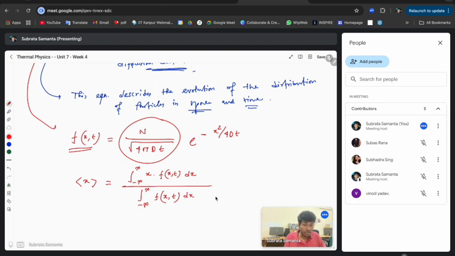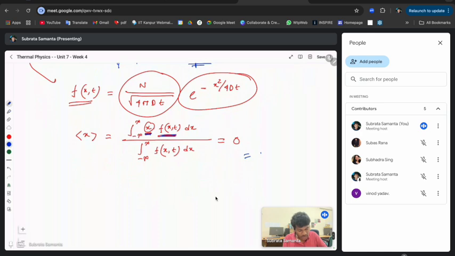It gives 0 because f(x,t) is an even function of x and x is an odd function, and we integrate over a symmetric interval.